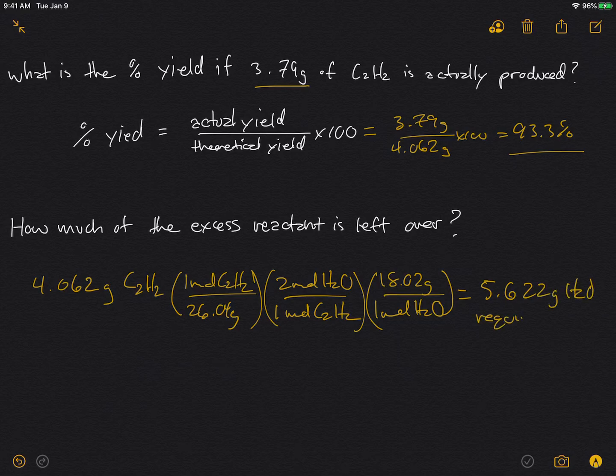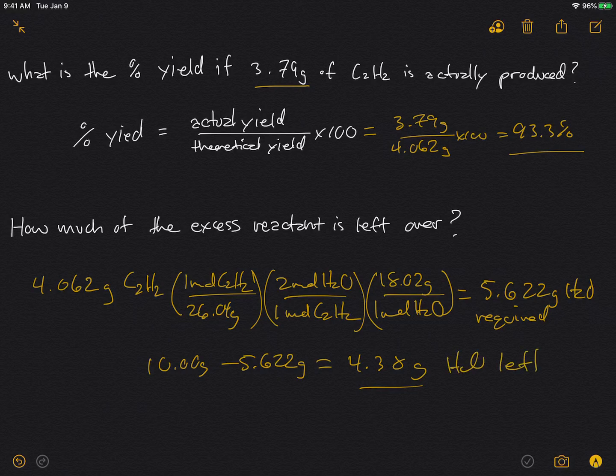That's how much water is required to react with that much acetylene. So we take the original mass of water, subtract the amount of water that reacted, and that gives you the amount of the excess reactant left over. So we have 4.38 grams of water left after that reaction.